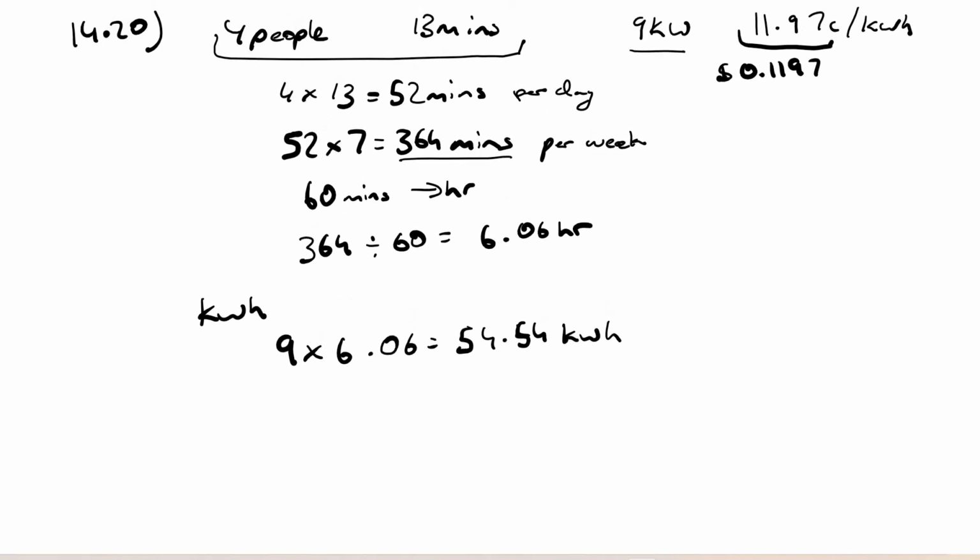And then we need to find how much it costs for that week. So we times it by the electricity rate. So 54.54 times by 0.1197 equals $6.53.